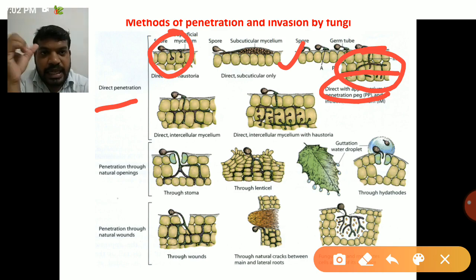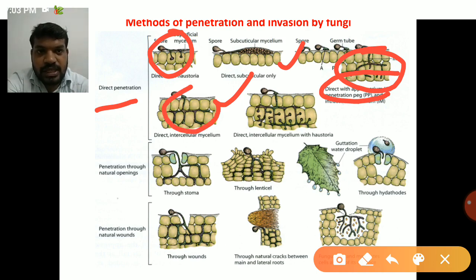So next one is direct and intercellular mycelium. In this case, the pathogen does not enter into the cells but is present in between the cells. You can see this picture. So next, direct intercellular mycelium with haustoria. So intercellular mycelium, and also it will produce feeding organs.